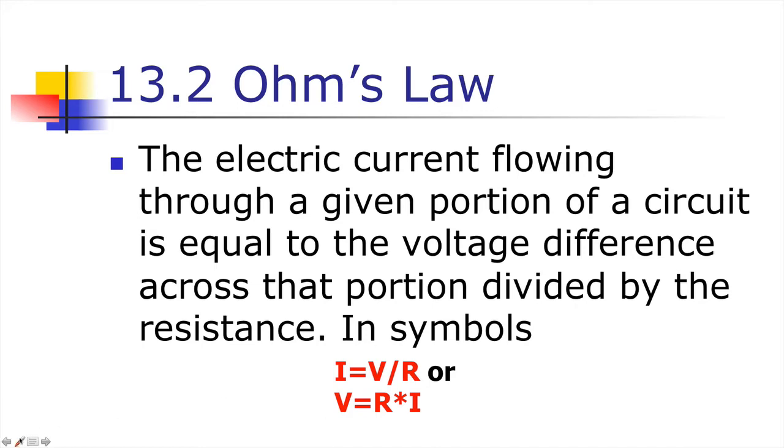In terms of mathematics, that equation is I equals V over R, or V equals R times I. So this is what Ohm's law is. This is the thing that we tried to verify during our lab session.